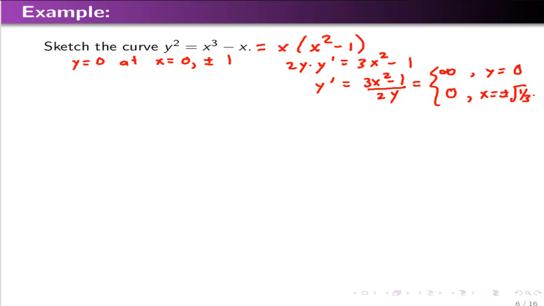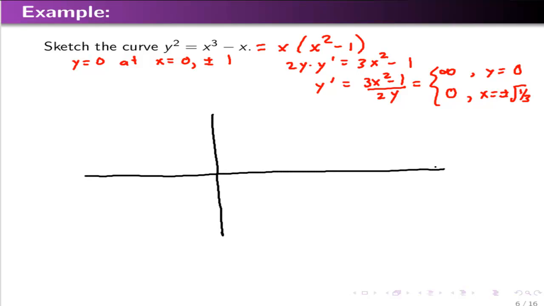Like that. And so if I'm sketching the curve, we've got zeros right here, 1, and negative 1. And then at these points, that's about negative 0.5 something, you're going to have a horizontal tangent, maybe like this.